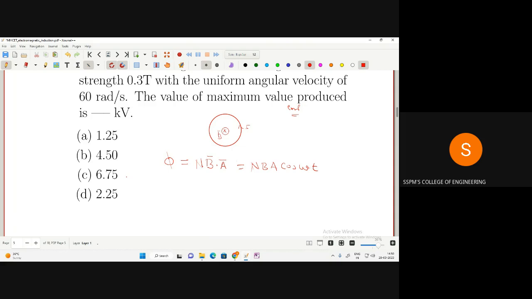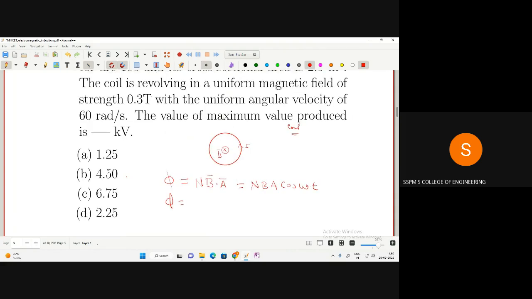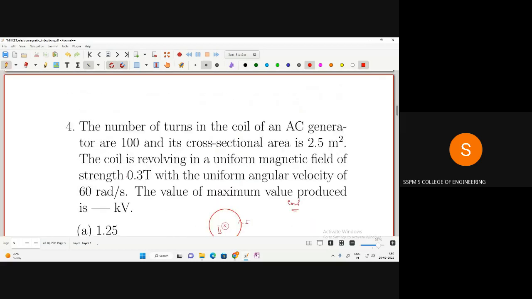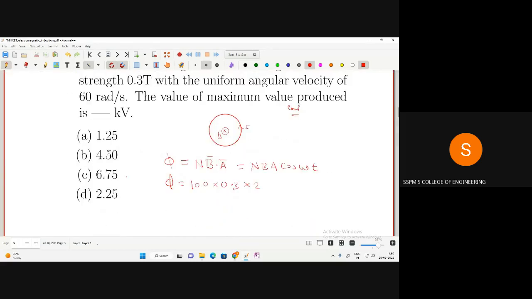So phi is equal to the number of turns, which is 100, into the magnetic induction 0.3, into the area enclosed 2.5, cos omega t.